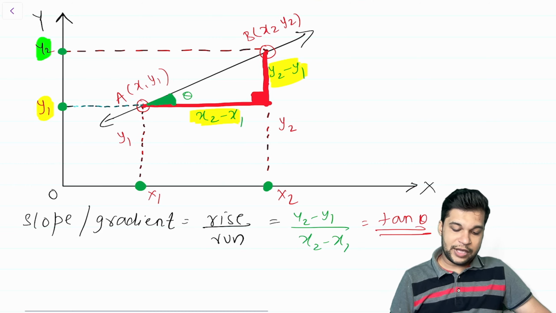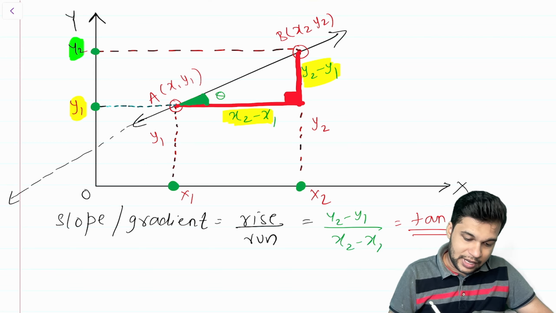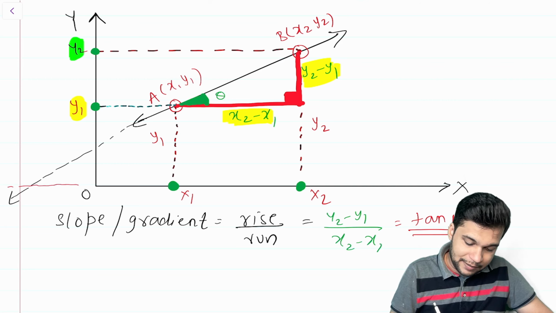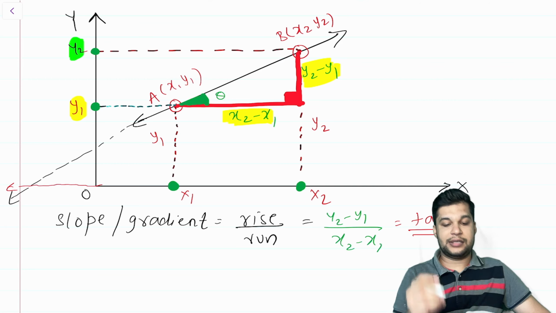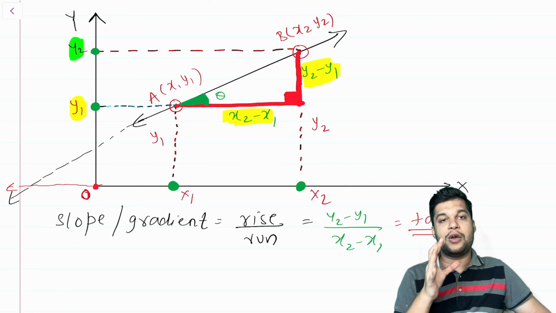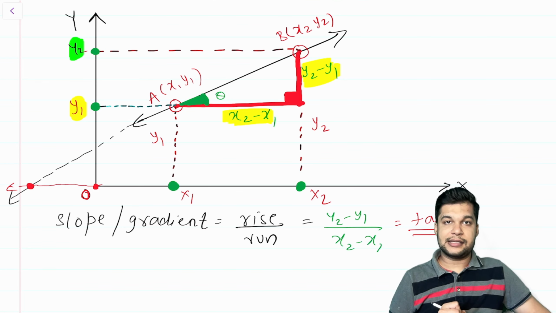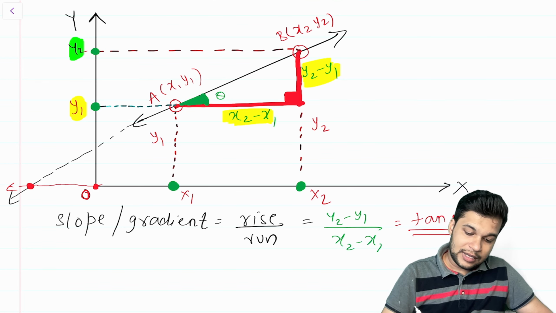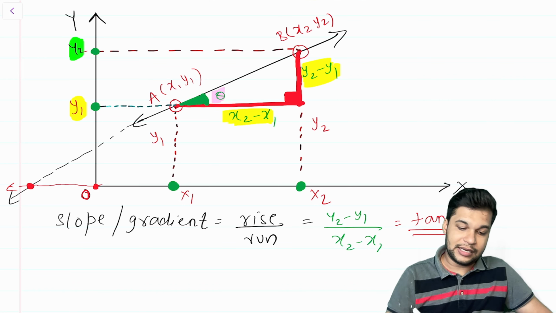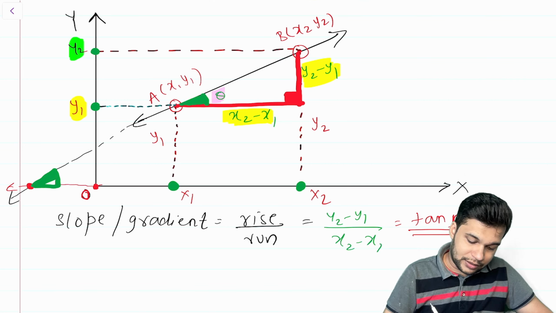Now if I extend this line like here, this red line that I'm joining is negative x, and this is your origin. The thing on the left of the origin is negative x. So it intersects the x axis here. If this angle is theta, then this angle over here is also theta.